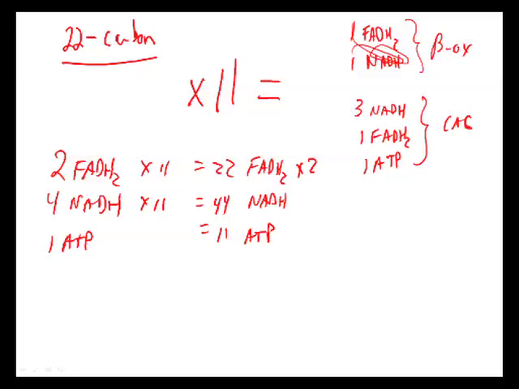Times 2, because 1 FADH2 yields 2 ATP, so that's 44. Times 3, because every NADH has the theoretical yield of 3 ATP, that's 132. And then our 11 ATP that we already have gives us a total of what? 187 ATP from that 22 carbon fatty acid.